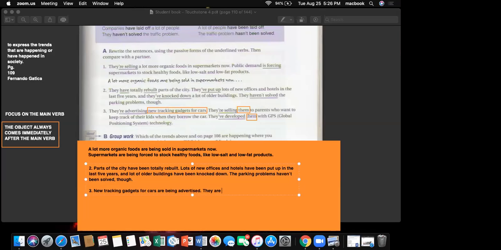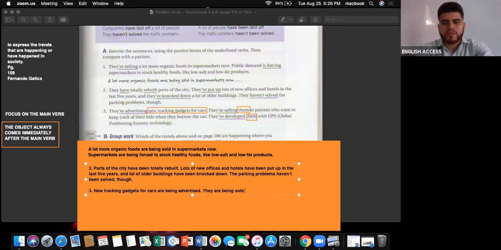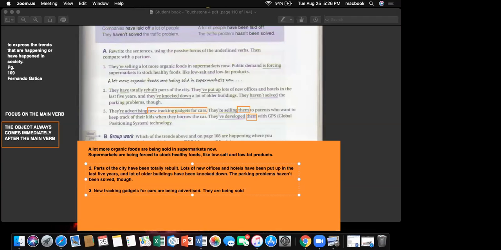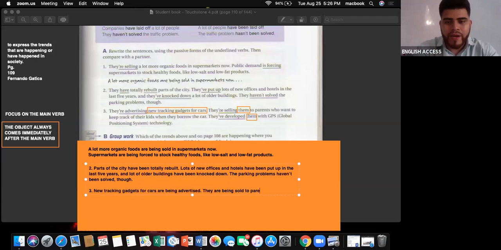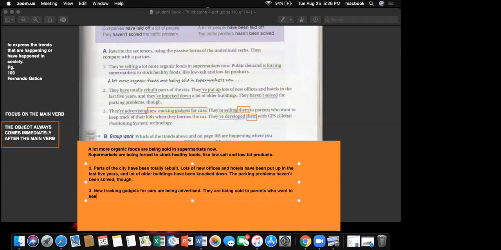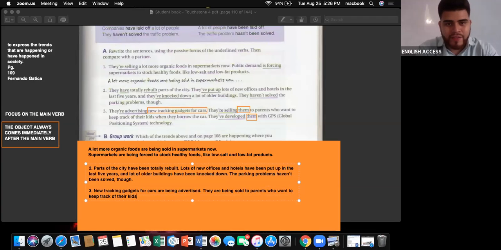They are being sold. Yes, they're being sold, and the rest of the information to parents who want to keep track of their kids when they borrow the car. Oh my gosh, that's a toxic parent, but maybe a good one because it's a little dangerous.